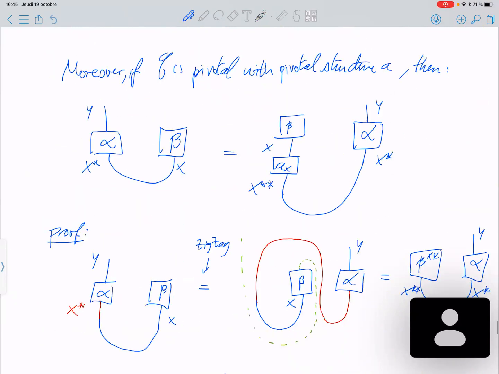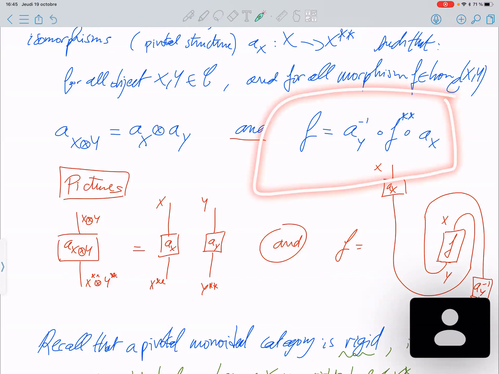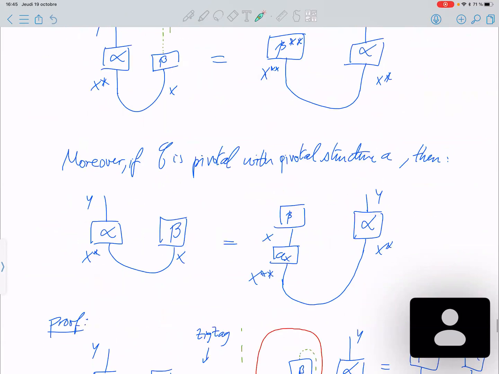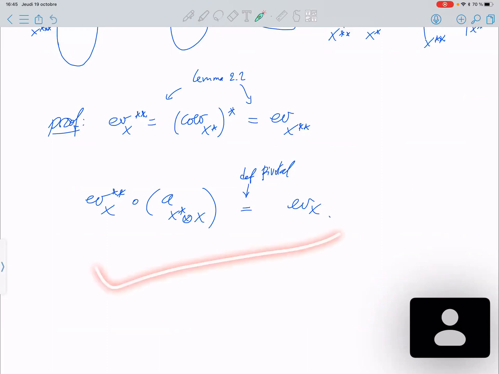And so we just apply this equality. One of the two pivotal structures is identity, so we don't need to consider it. And we get exactly this equality. Okay, and the other point about the pivotal structure is that it's monoidal. So X star tensor A_X.